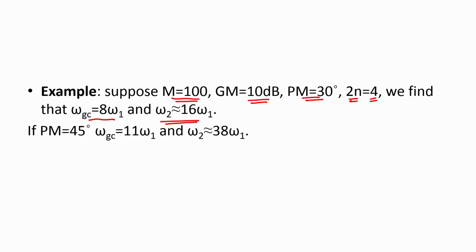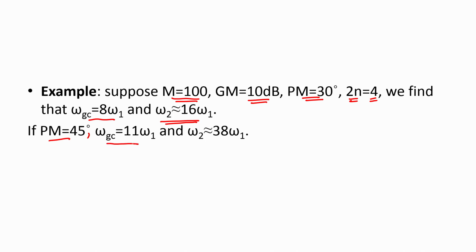Now these numbers only become larger if our phase margin specification is higher. So if our phase margin is 45 degrees instead of 30 degrees, then we note that our alpha will be a smaller number, alpha will be equal to 3 by 4 as we discussed in our previous clip, and with that smaller alpha we would have a larger value for omega gc.